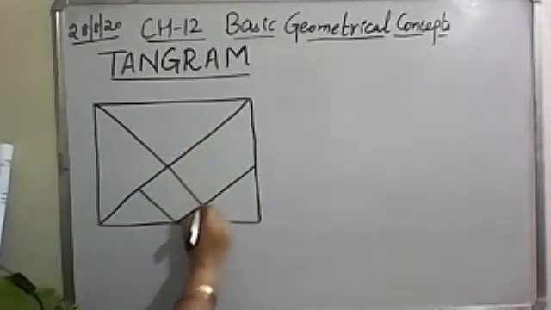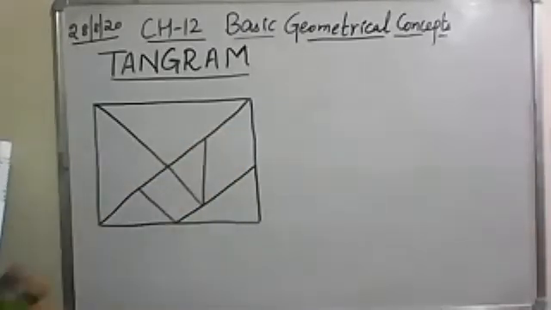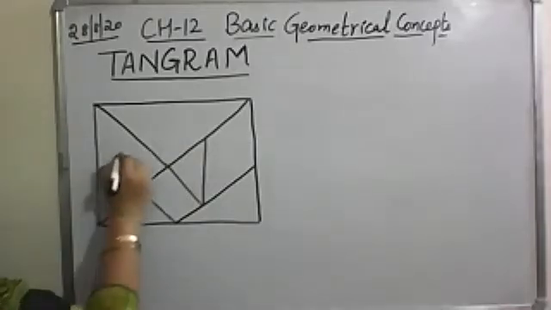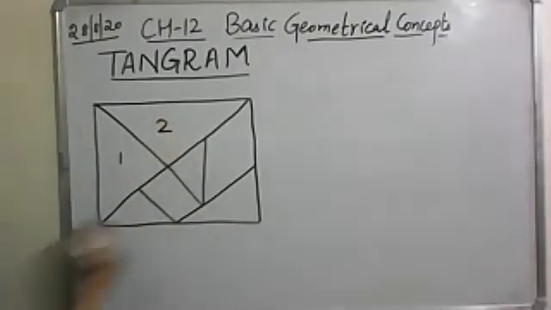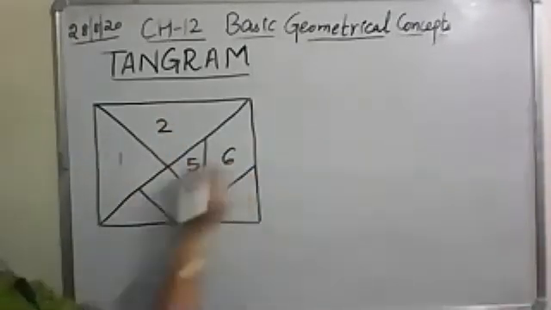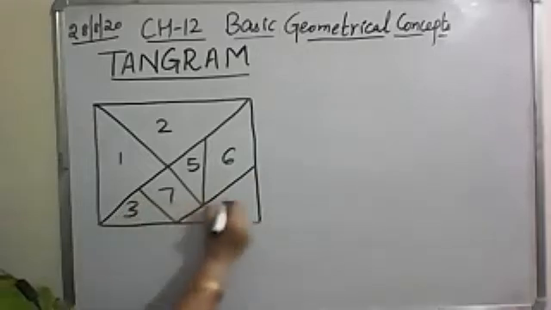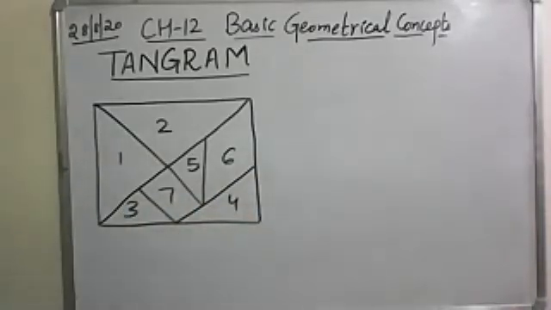So here you have 1, 2, 5, 6, 3, 7, 4. Check on your book. This is the diagram of tangram given in your book.